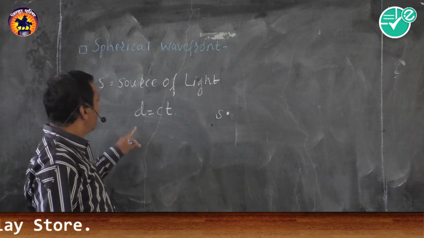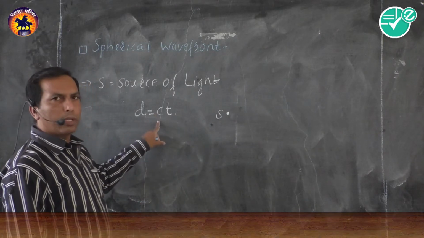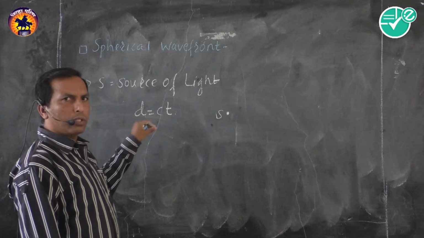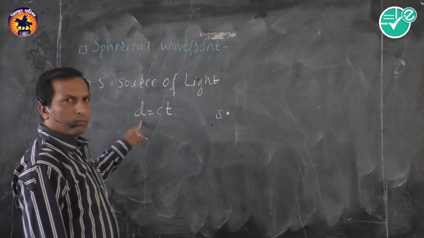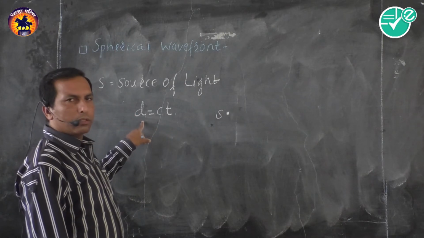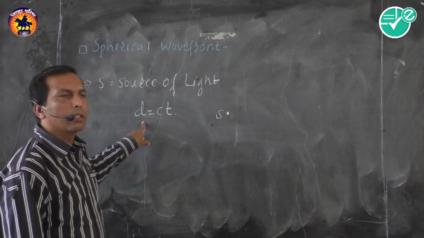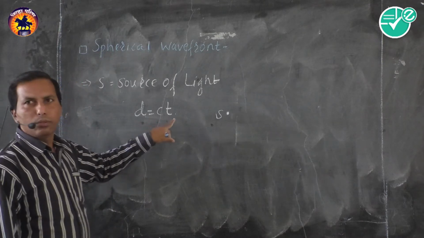Just a basic formula: velocity of light is equal to distance upon time. Using this formula, we come to this equation, distance is equal to c into t.